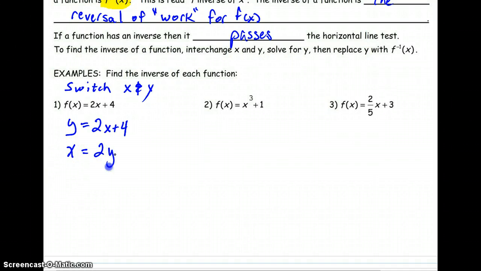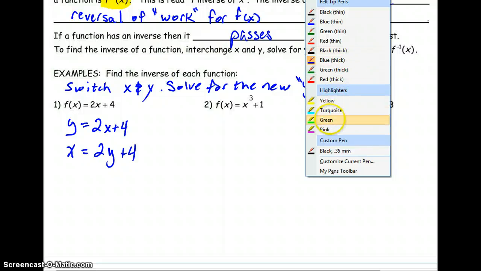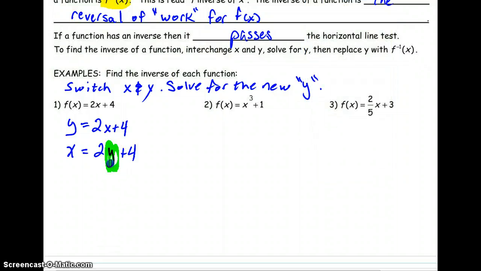Where we had x, we will replace it with our y. And then we solve for the new y. So that's really what we're going to do for all of these problems. We switch x and y, and then we solve for our new y. In other words, get this new y alone. Get it by itself.